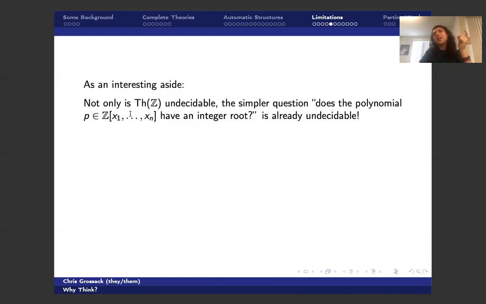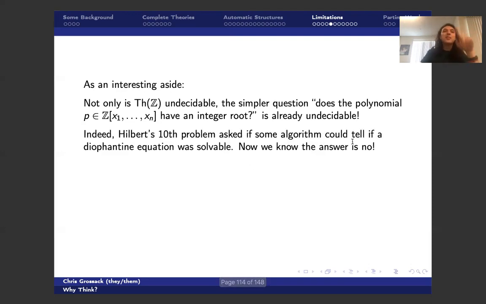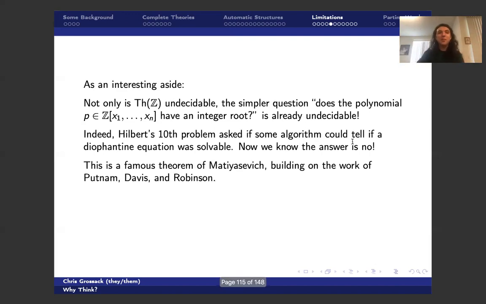If you have more than 9 variables, that's enough. Obviously with one variable, you can decide it by taking a number theory course or something. Indeed, Hilbert's 10th problem asked if some algorithm could tell if a Diophantine equation was solvable. That was Hilbert's 10th problem, and we know the answer is no. This is a famous theorem due to Matiyasevich, as well as Putnam, Davis, and Julia Robinson.